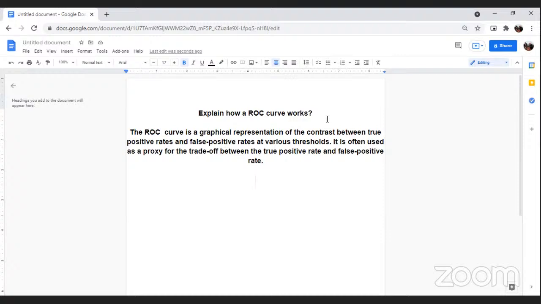Repeating once again, ROC curve stands for Receiver Operating Characteristic Curve.